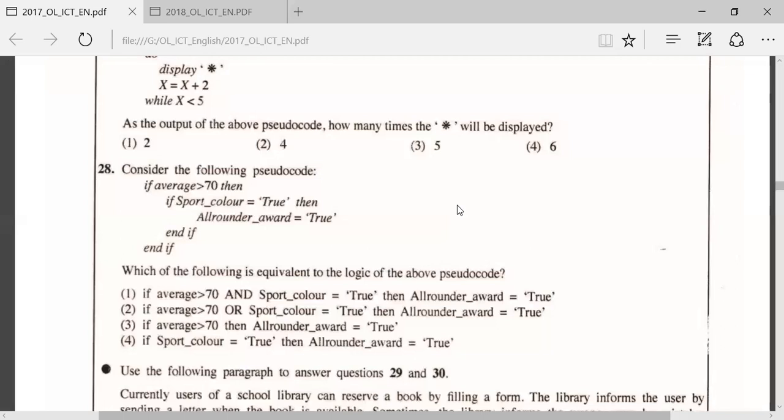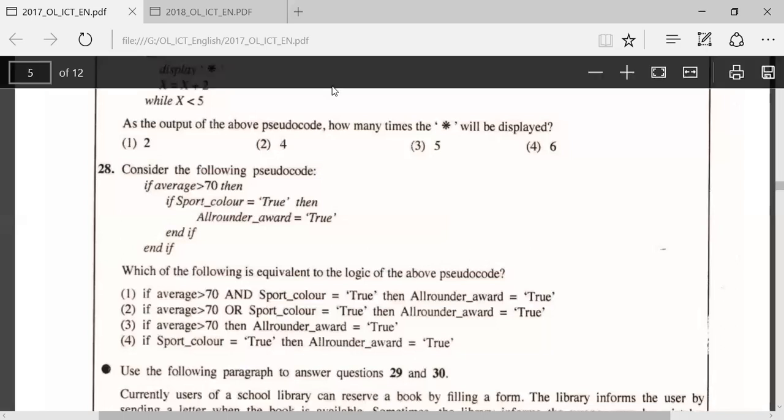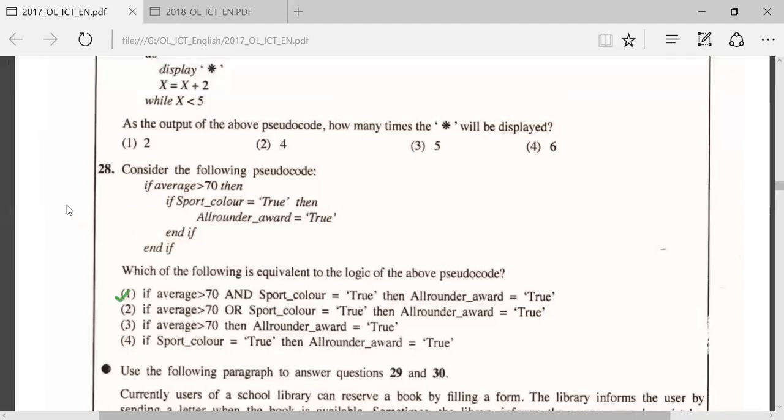So here the logic will be if average greater than 70 and sports color equal true, then all round award equal true. So the 'and' you have to provide. Right? So that is the answer for your question number 28. Right?